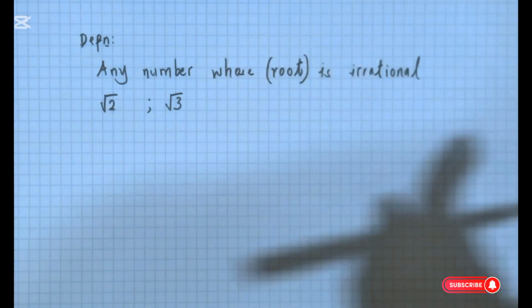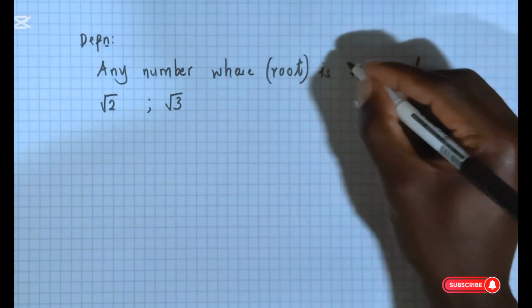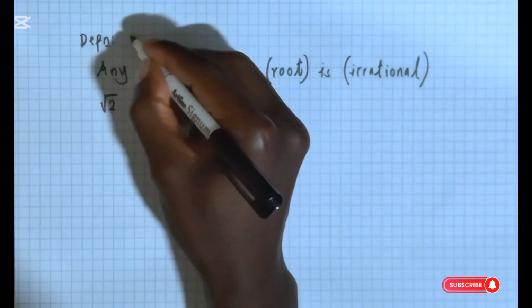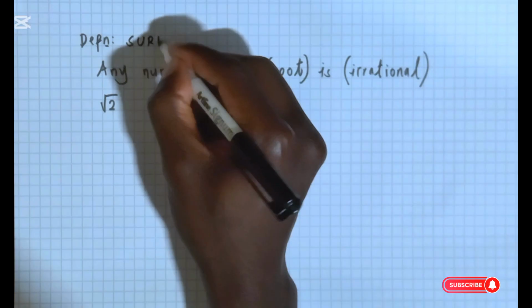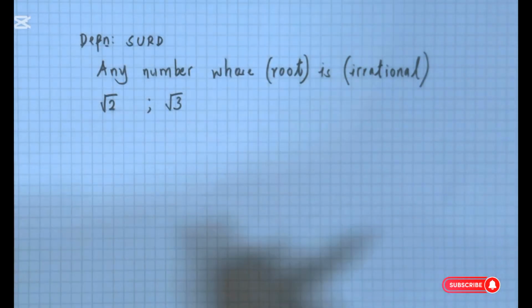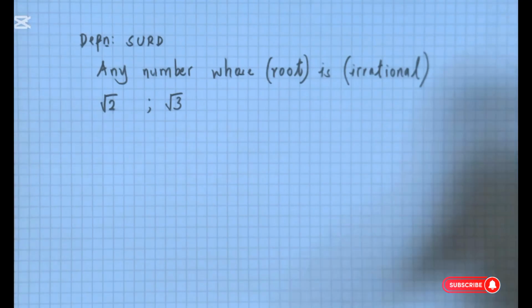And for it to be a surd again, the root must be irrational. So those are the key points that qualify a number to be described as a surd: it must have a root, and the root must be irrational.